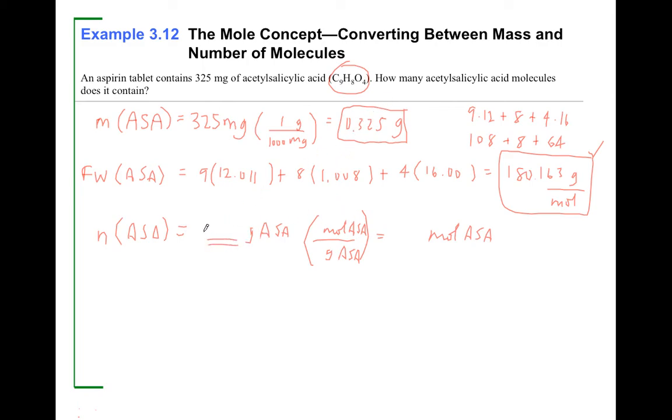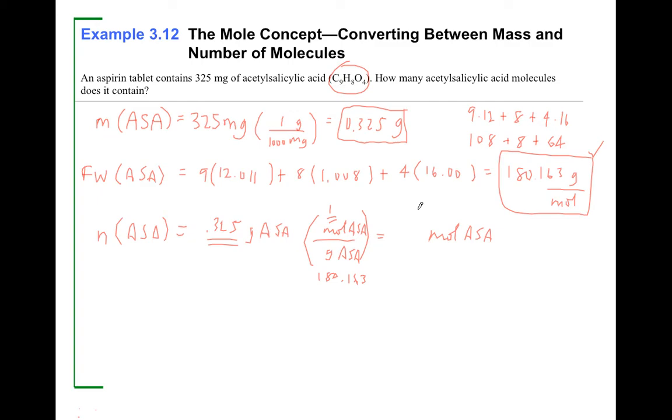It's this one, right? 0.325. 0.325 grams of ASA. What number goes right here? Looks like it's just 1, right? Because it's just that many grams per that mole. And this is 180. I'm going to slow it down here.